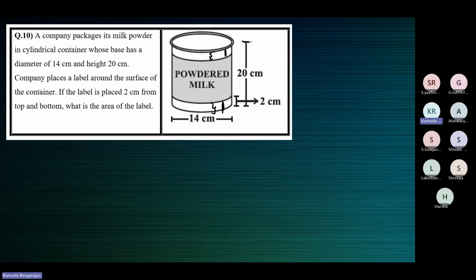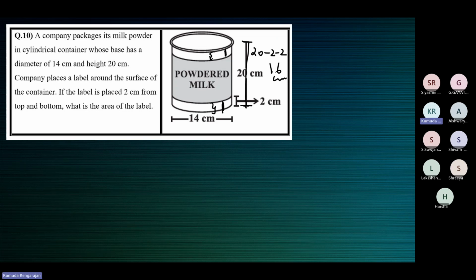The height of the cylinder is 20 centimeters. The height of the label will be 20 minus 2 from the top, minus 2 from the bottom. So the height of the label is only 16 centimeters. The radius has no change.